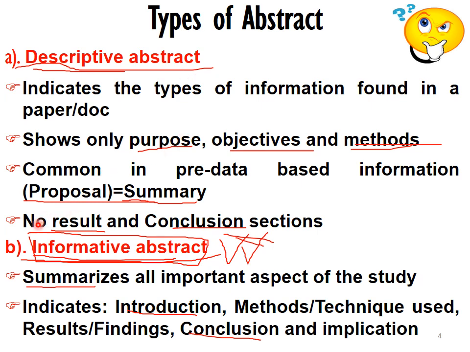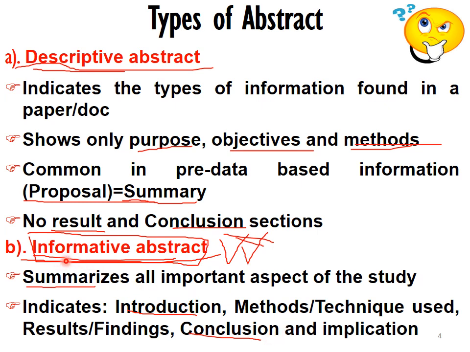But when we come to the informative abstract, this is the one we are going to discuss. This is an abstract which explains the general activities or the information pertaining to your study. It shows the summary of your research from the introduction section to the conclusion.